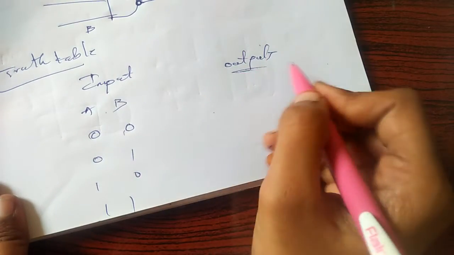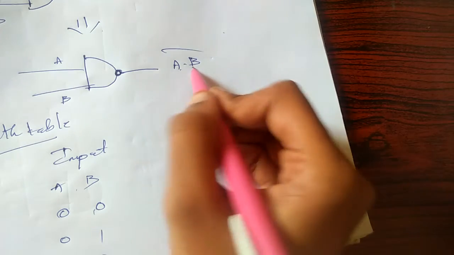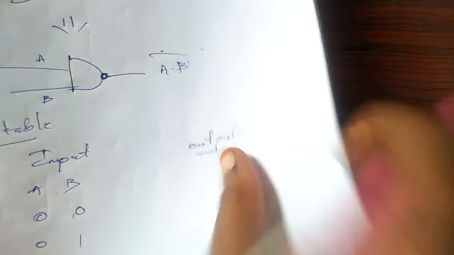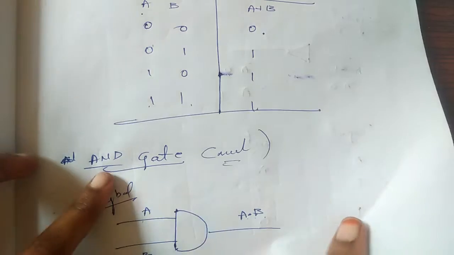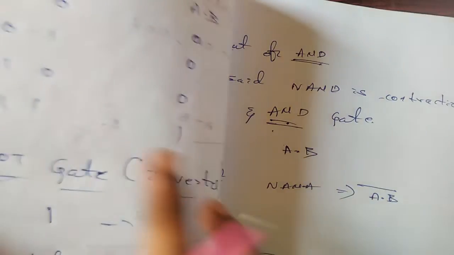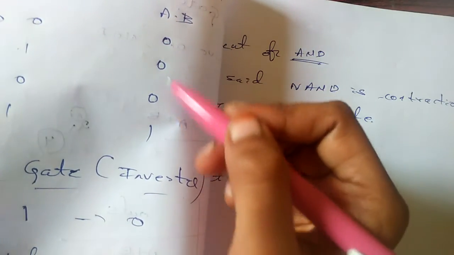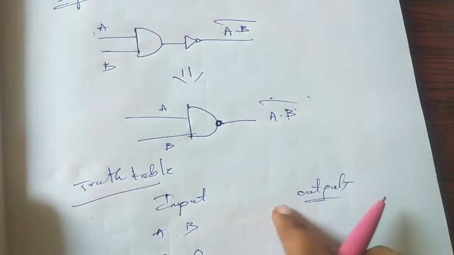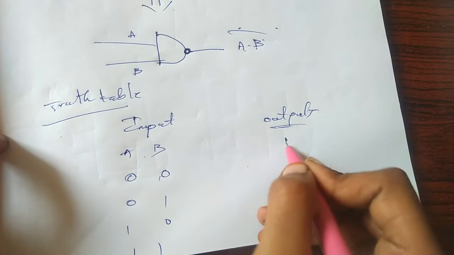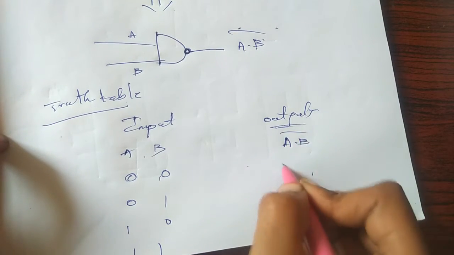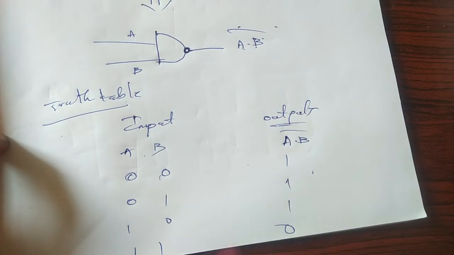But the output will be (A dot B) whole bar, means opposite to AND gate, right? So the AND gate truth table is 0, 0, 0, 1. So here you will get 1, 1, 1, 0.